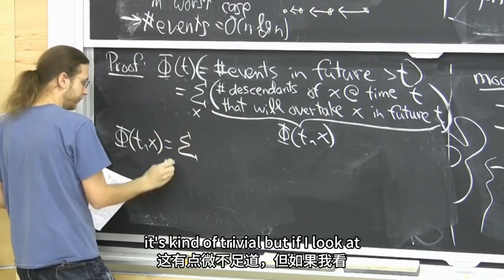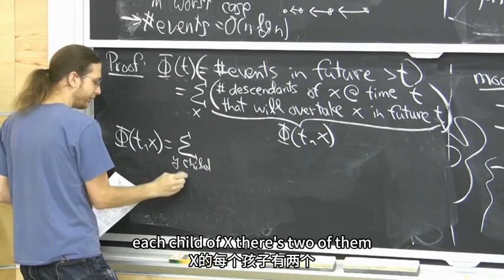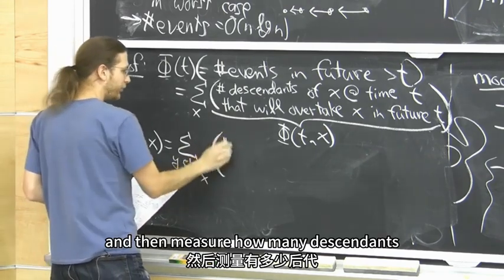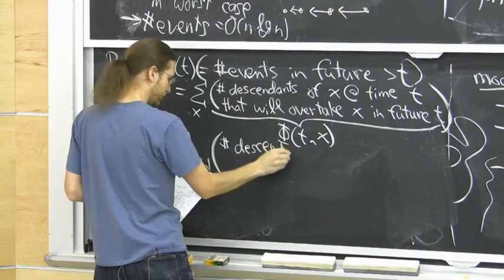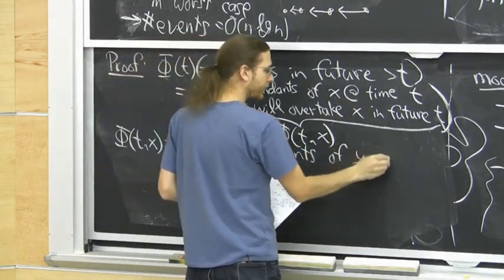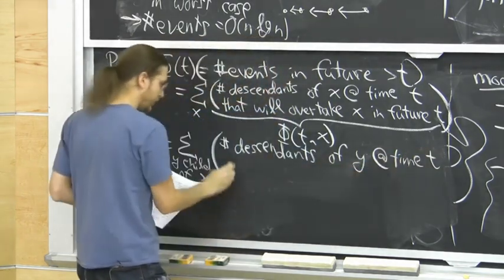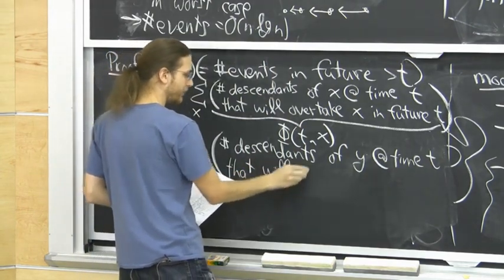I can also expand phi of t, x in a simple way. It's kind of trivial, but if I look at each child of x, there's two of them, call that y, and then measure how many descendants of y at time t will overtake x.